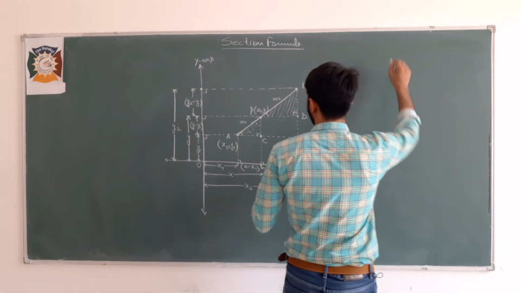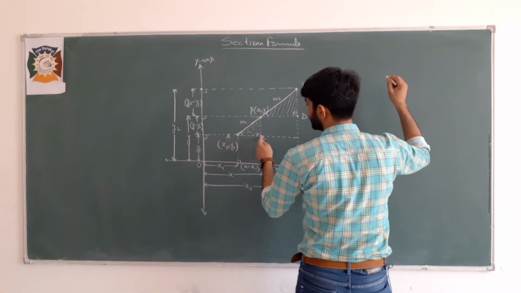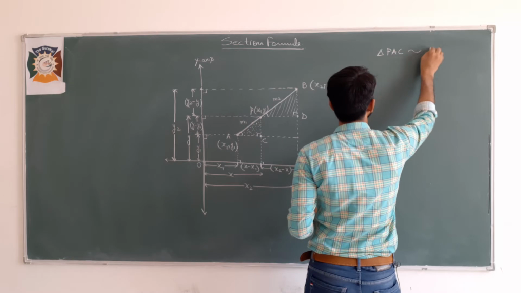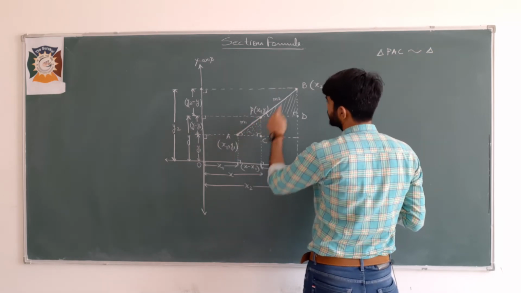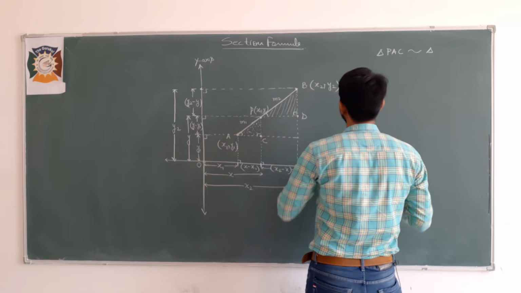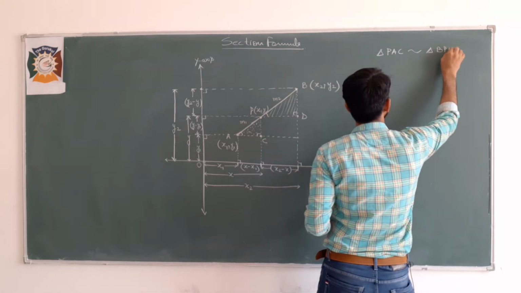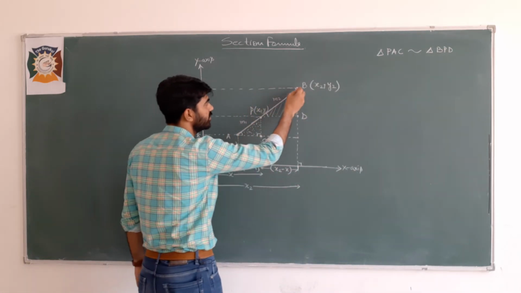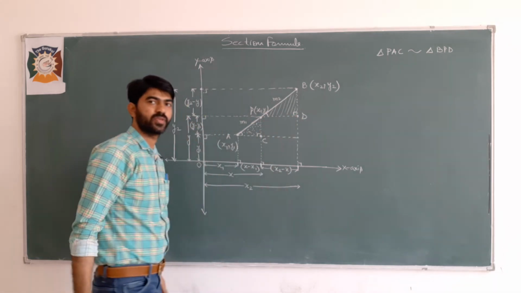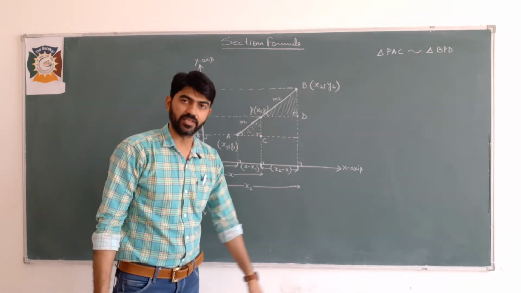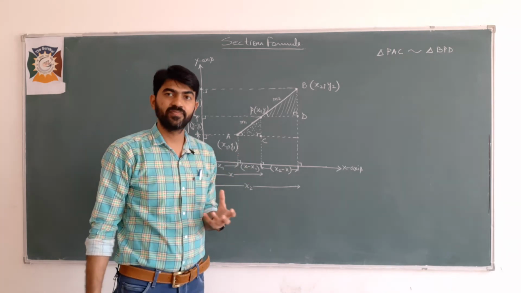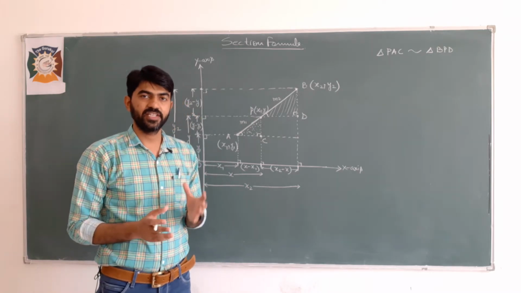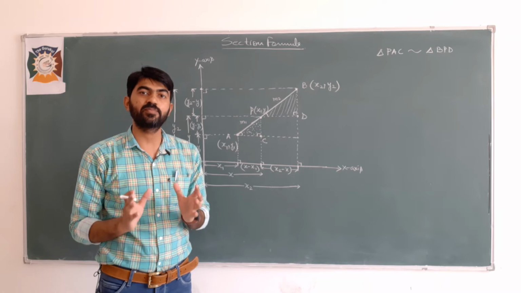So what is that similarity? I would say that triangle PAC is similar to triangle BPD. If these two triangles are similar, then what about their sides? These properties are there in chapter 6, similar triangles: if two triangles are similar, then their sides are proportional.